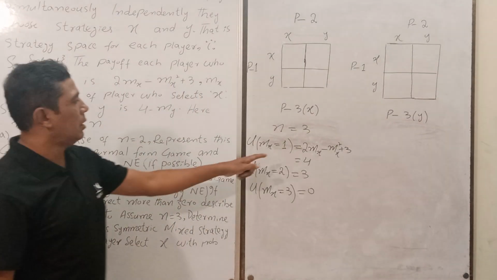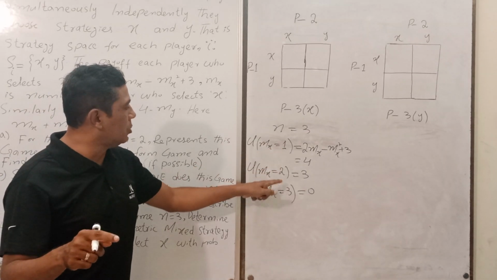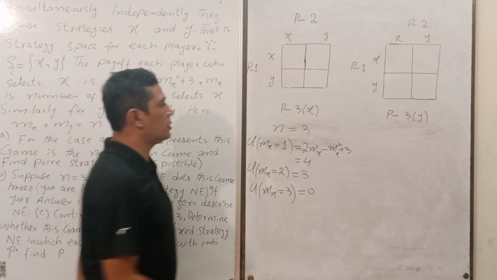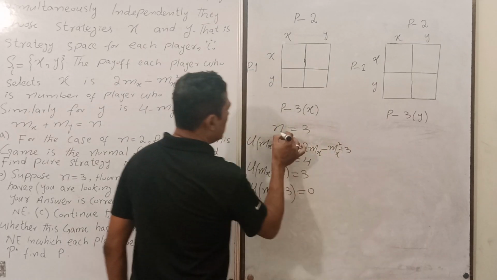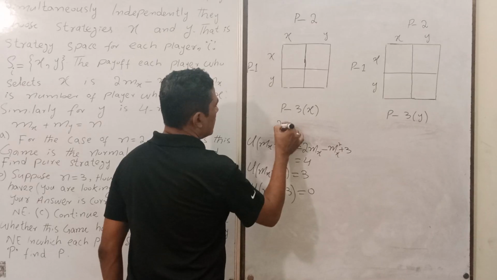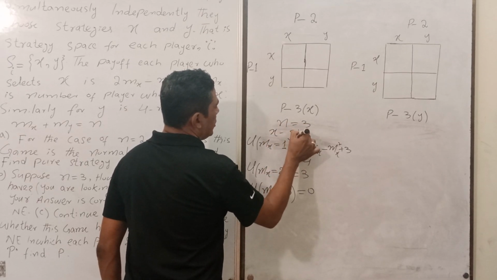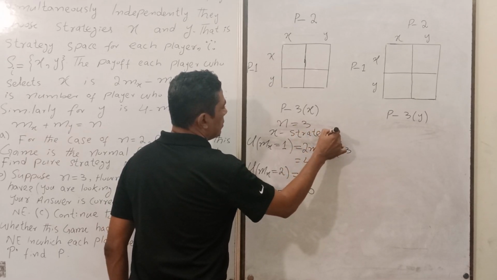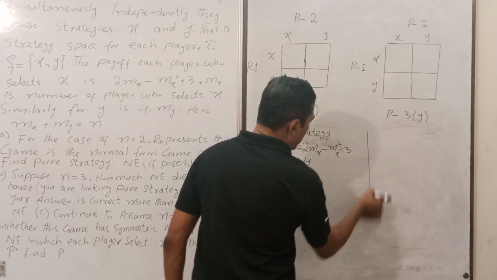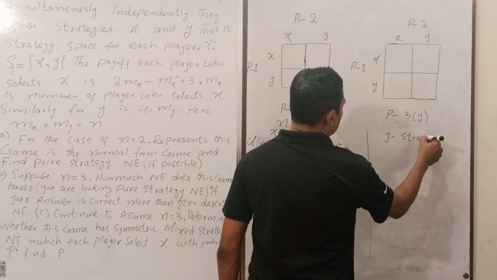It is additional. Why? Maximum number of players are 3: 1, 2, 3. Right? Now similarly for strategy Y. This is X strategy, and this one is Y strategy.